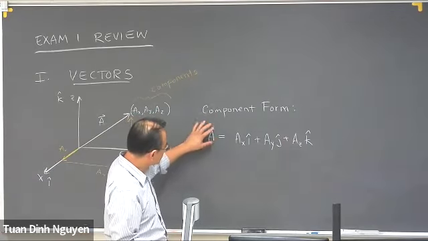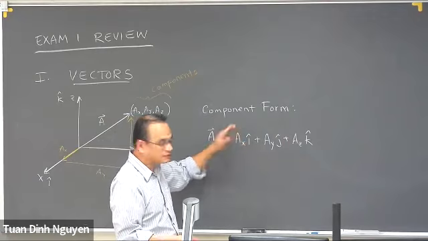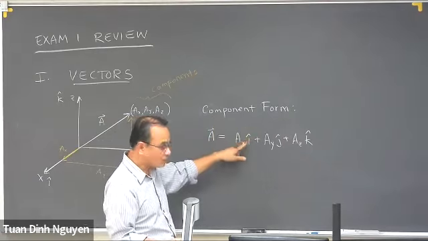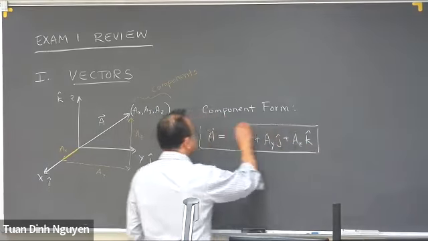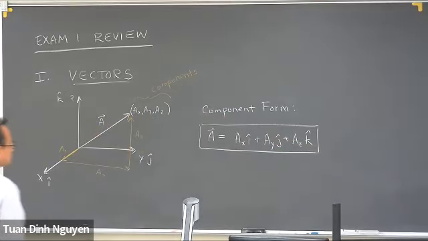Very important that if this is A as a vector, then you either have to have an arrow on this side or hats. So that's what's called component form.